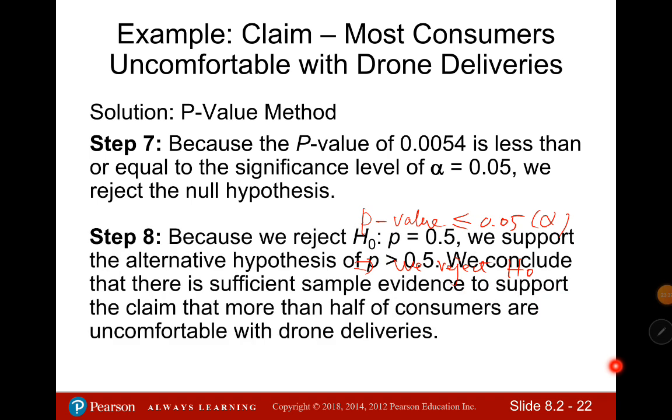Of course, last step we will use the non-technical form to express our conclusion. If null is p equal to 0.5 and we reject this one, then we will say there is sufficient evidence to support the alternative.